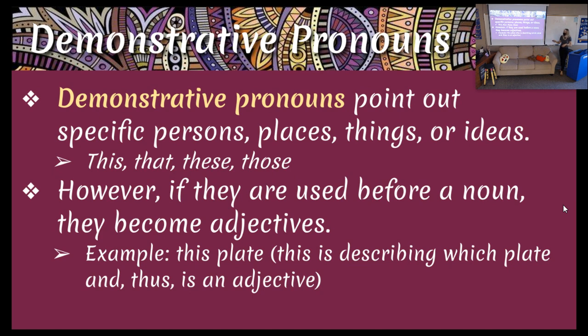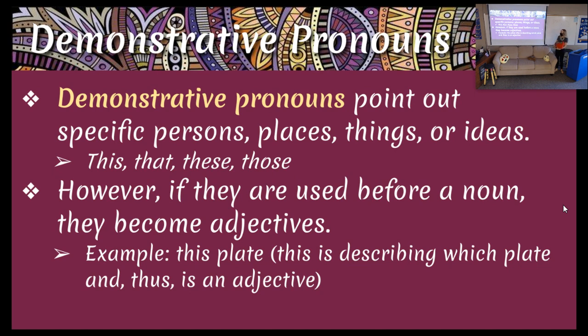But you have to be careful because the way that I just used all of them, they're functioning as adjectives because they came before a noun. Like if I say "this apple," this is telling me which apple I'm talking about. It's answering the which one adjective question, so it's actually functioning as an adjective. But if I hold it up and say, "This is an apple," then it's functioning as the subject. Okay?